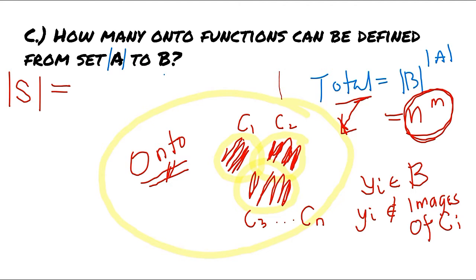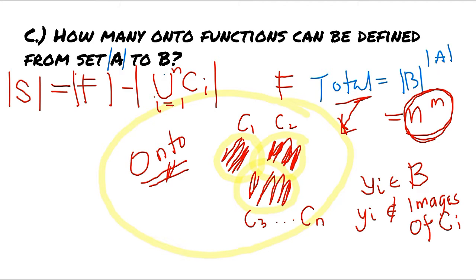Let me call the set of total functions F. So that will be minus the cardinality of the union of C sub i, from 1 up to n.